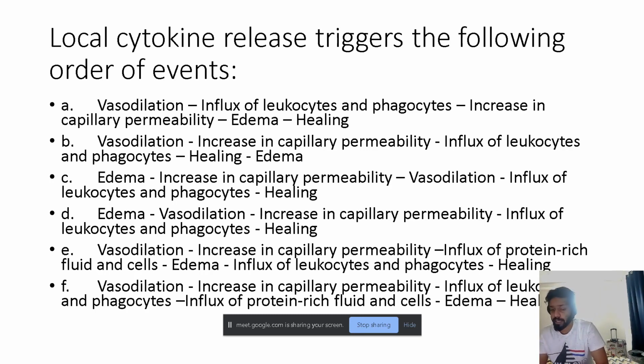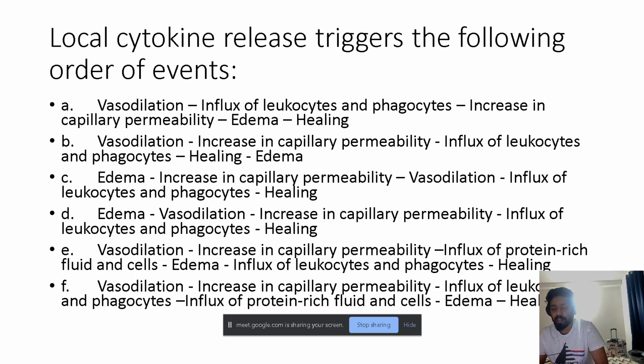Or vasodilation, then increase in capillary permeability, then influx of leukocytes and phagocytes, healing and edema? Or edema first, then increase in capillary permeability, then vasodilation, then influx of leukocytes and phagocytes and healing? Or edema first, then vasodilation, then increase in capillary permeability, influx of leukocytes and phagocytes, and then healing?